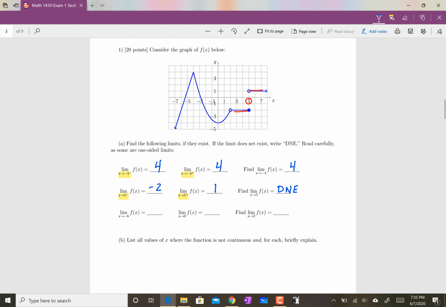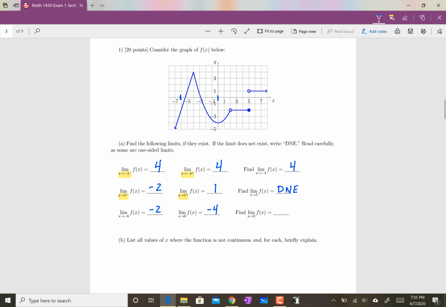Okay, the next are a few quick limits that we can do. Notice the following 3 limits are all general limits. As x approaches -6, right here is x equals -6, we can see that we approach a y value of -2. If x is 0, we're right at the origin, and we approach a y value of -4.